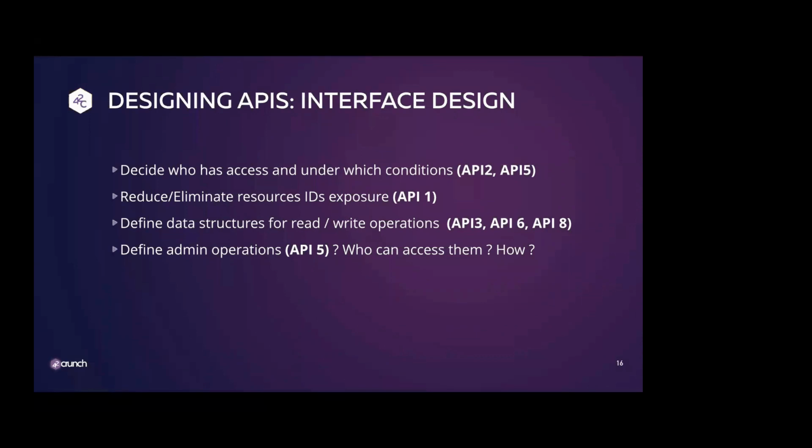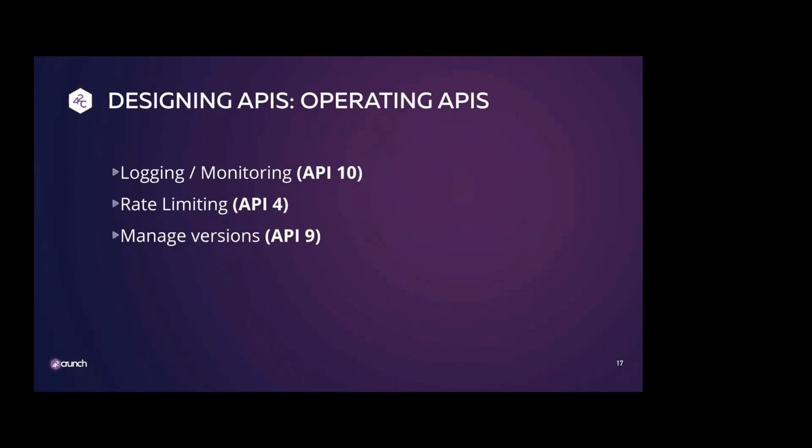We tend to mix in the same system the actual admin operations for the data and the operations that users are going to use, right? So we really have to make sure we design this properly as well. And finally, how are we going to operate all of this? So again, logging and monitoring. This is very critical for AppSec and security in general, everything related to forensics, right?